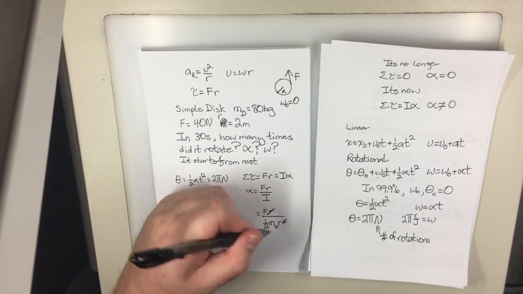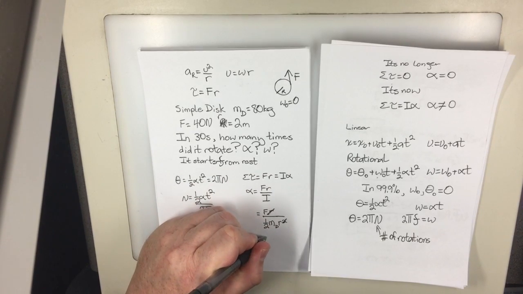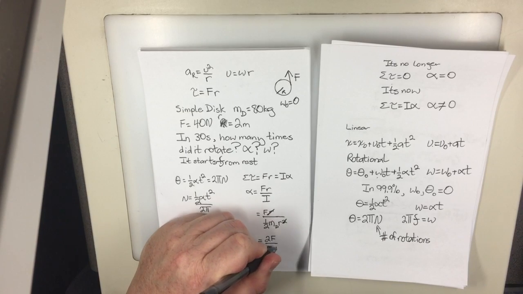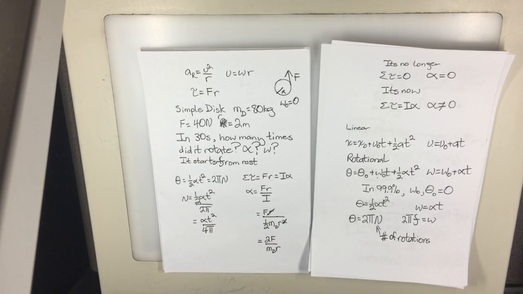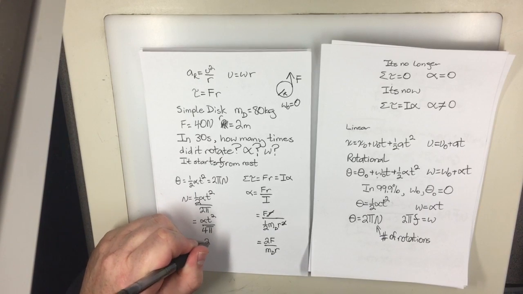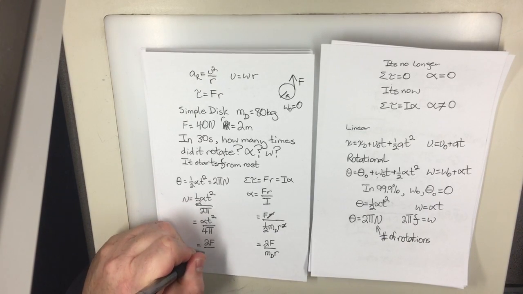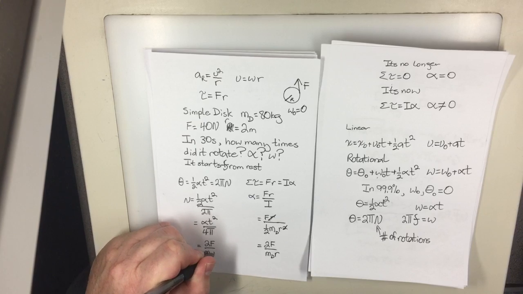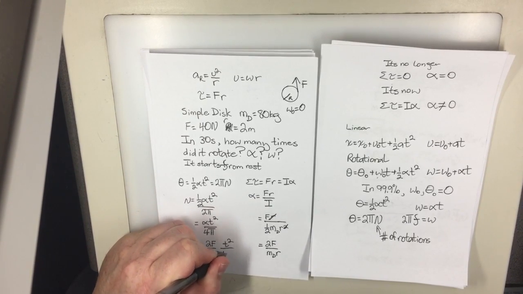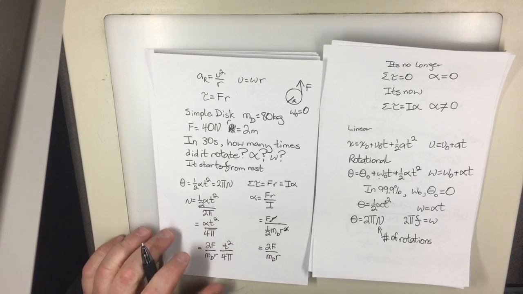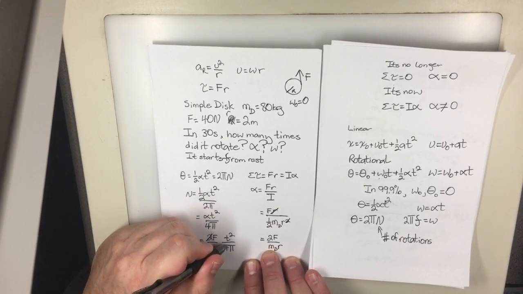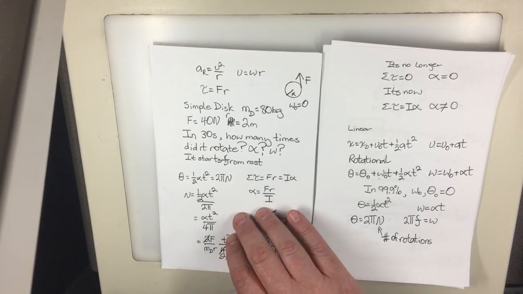One of the R's cancels, and my alpha is 2F over m_d R. That makes this 2F over m_d R, t squared over 4 pi. So one of those cancels with that to leave me with a 2.